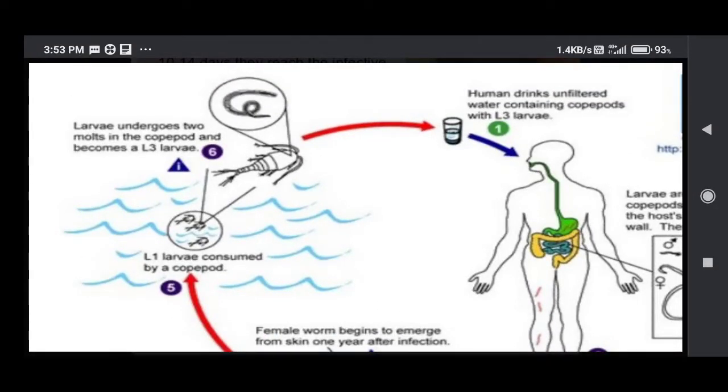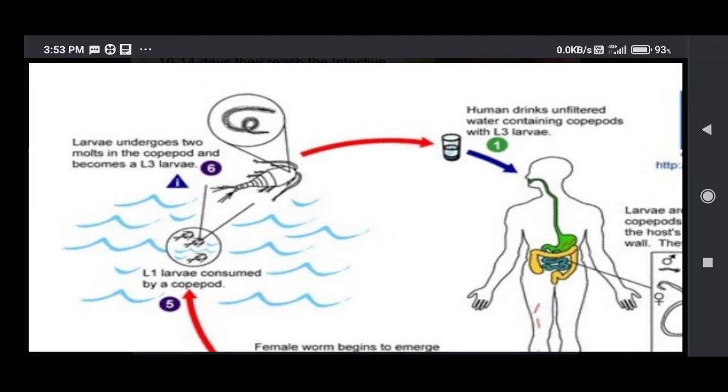The L1 larva undergoes two molts in the copepod, so the parasite size increases by molting and the L3 larva is produced. This L3 larva is ready to infect human beings.